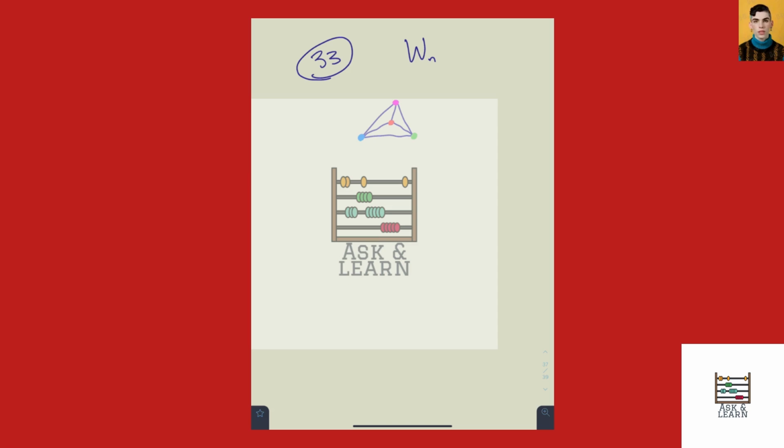However, if we remove an edge, is it true that deleting the edge would end up making the chromatic number K minus 1? So let's see. We could remove this edge, in which case the pink could go to green.